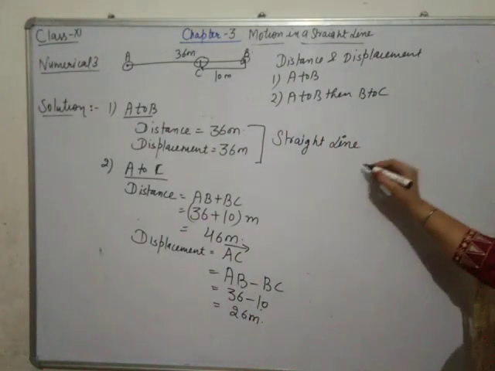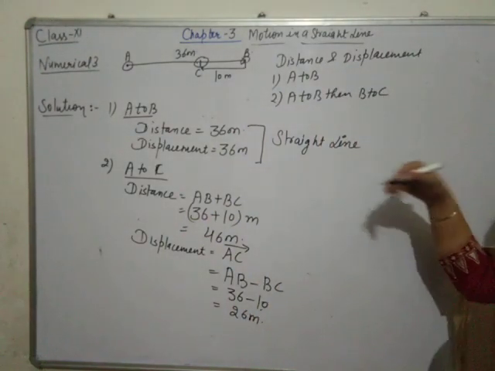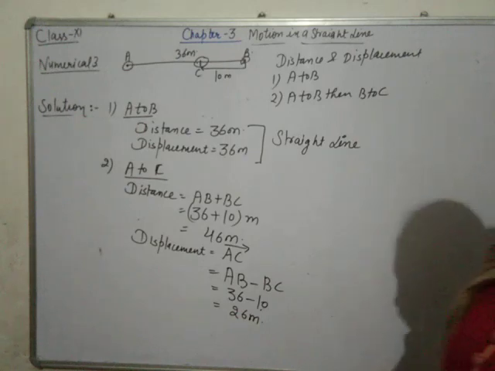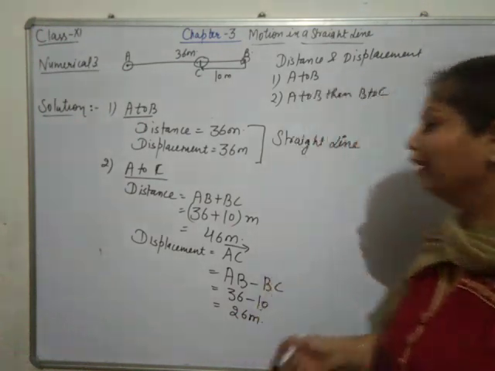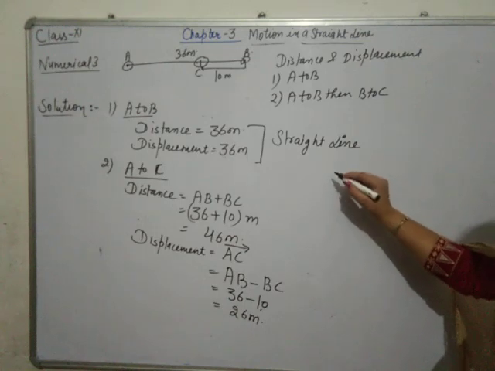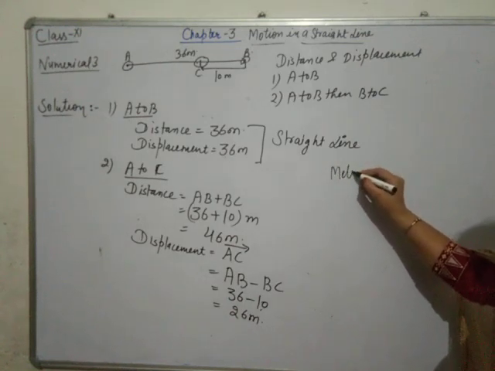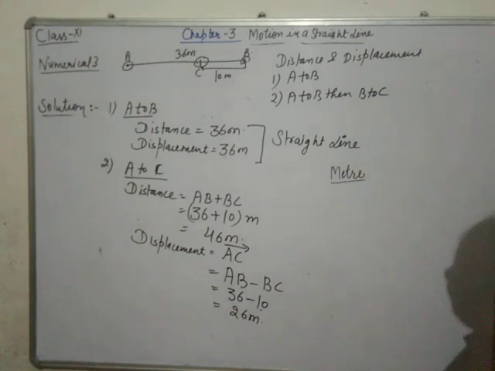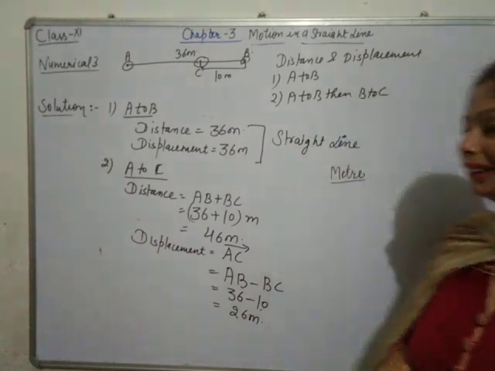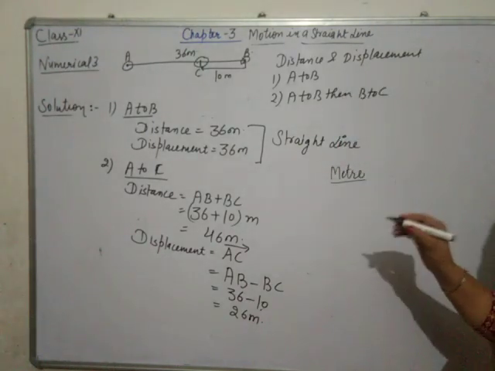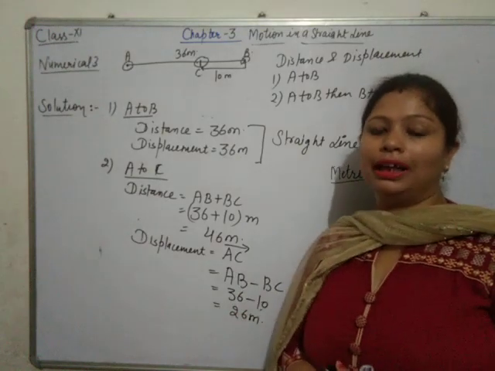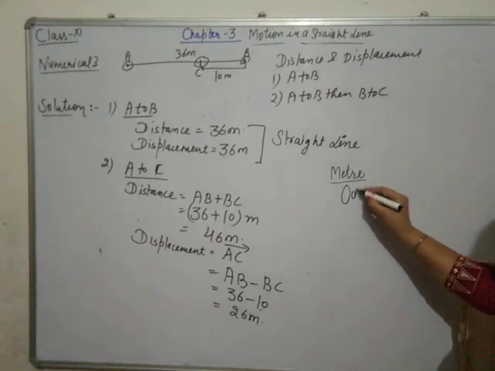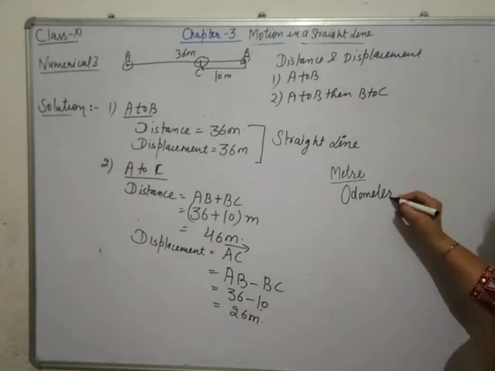Now, when you are traveling by your Activa, bike, motorcycle or car, whatsoever vehicle you are driving, there is a meter that is giving the distance, how much distance you have covered up to now. That is known as odometer. What is odometer?